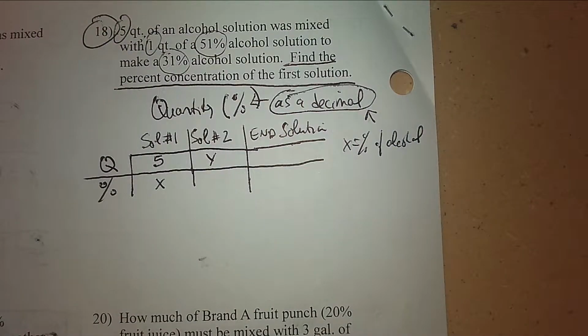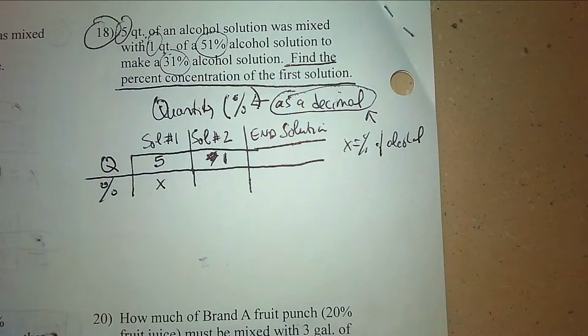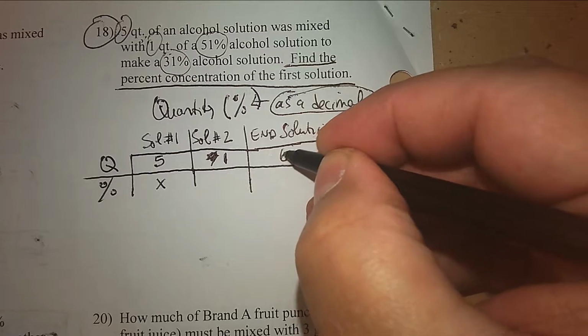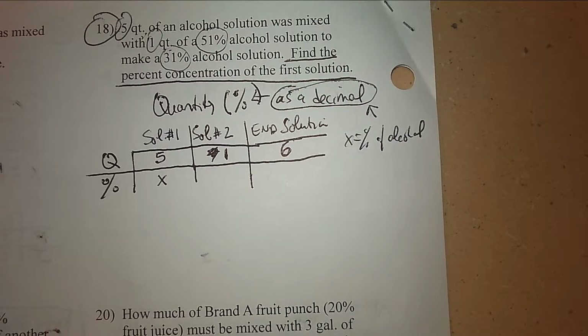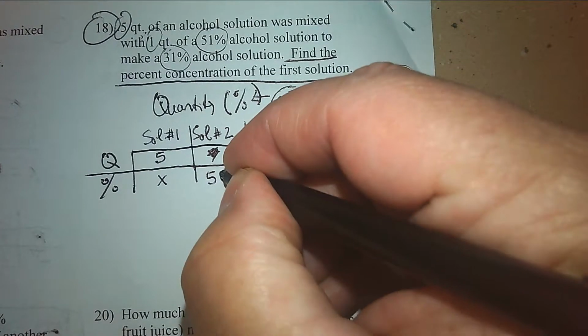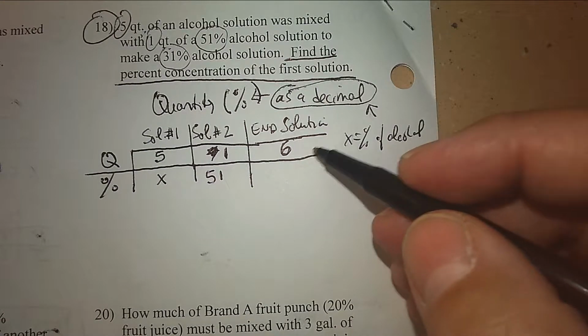We would mix 1 quart. So that means the end solution will have how many quarts? What was the percent solution for the second one? 51%. What was the percent solution for the end?